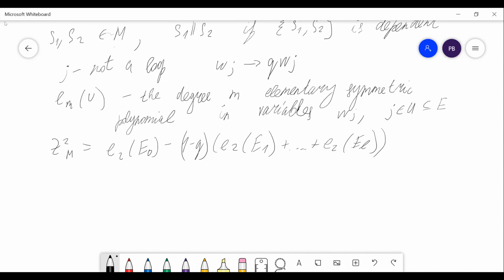No, that should not be e0 because of this change of variables. Sorry.